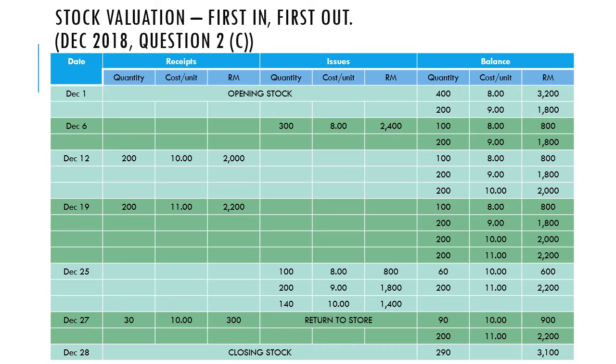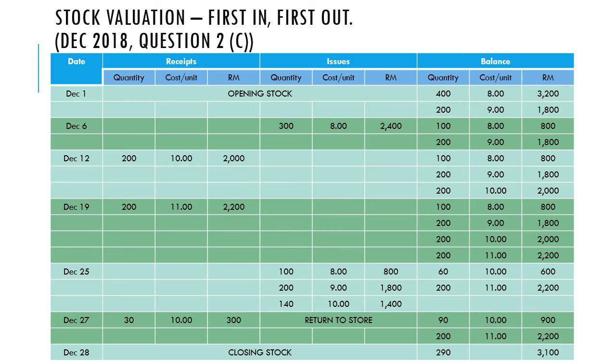On December 12, the storekeeper purchased additional wheat starch of 200 kg at 10 ringgit per kilogram. So you put in accordingly the old stock 100 here, and then the new stock 200 here.